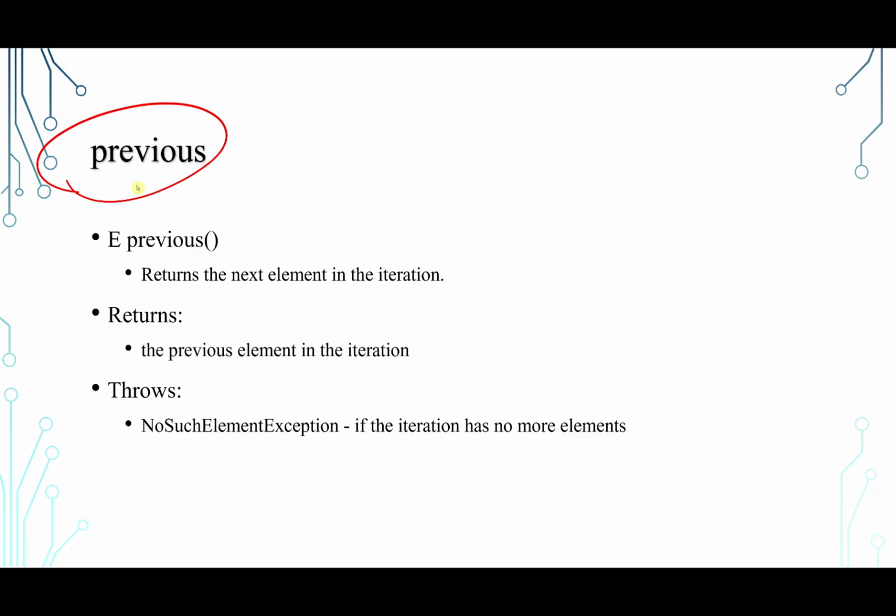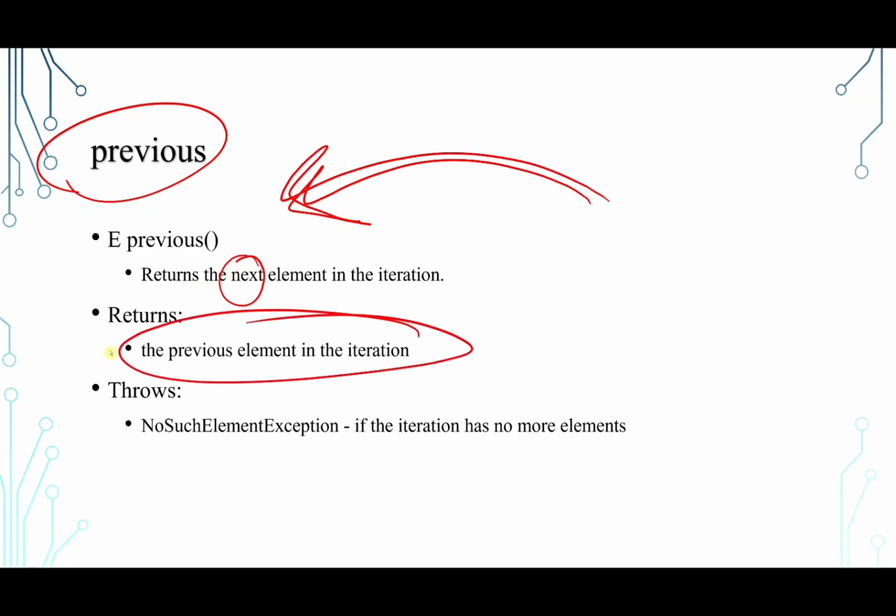It returns the previous element in the iteration, if we are going to be more accurate than using the word next. And again, it throws NoSuchElementException if used without hasPrevious, because you were actually pointing at null and you were trying to get a null.